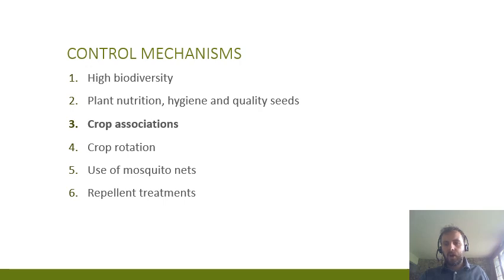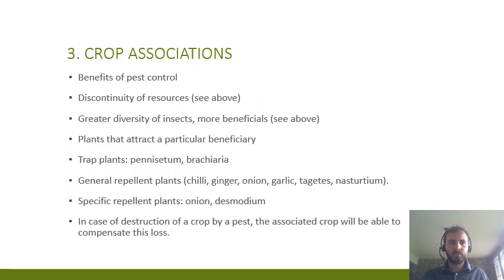Then, of course, to control pests and disease, we can use crop association. Why is crop association good to limit pests and disease? First of all, because of the discontinuity of resources.